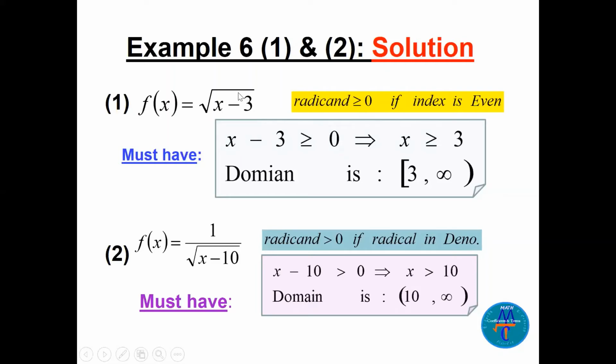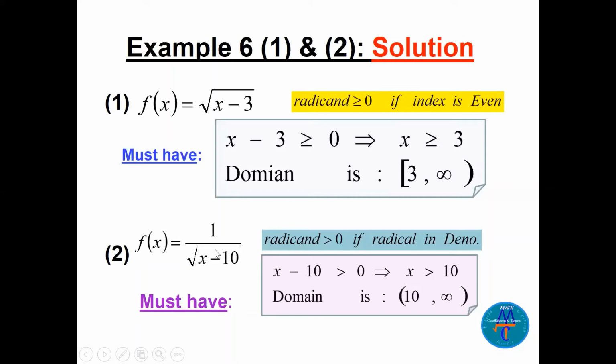So you take all the radicand here, what is the radicand? x minus 3, all of it, you have to think of this, must be greater than or equal to 0. So when you solve the inequality here, x greater than or equal to 3, that's linear. So the domain is from closed 3 to infinity. That's the domain now.